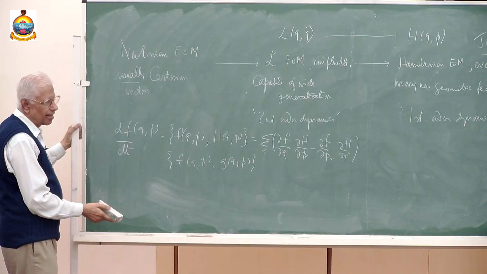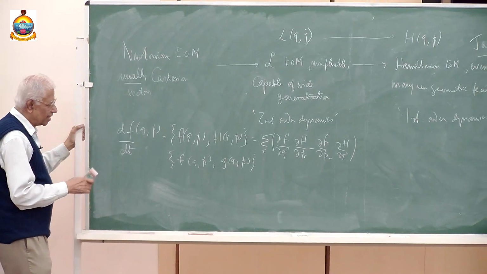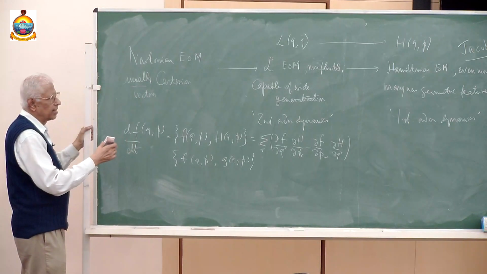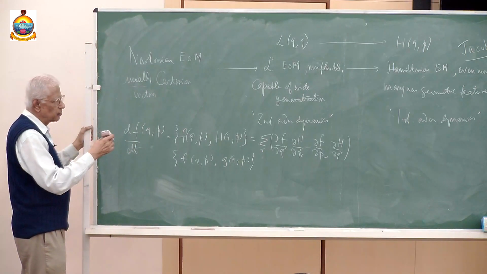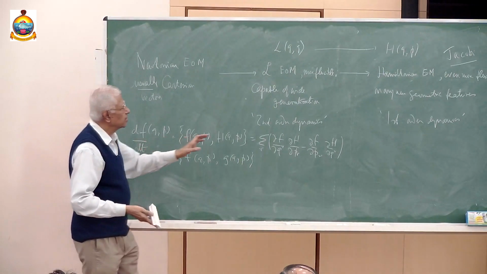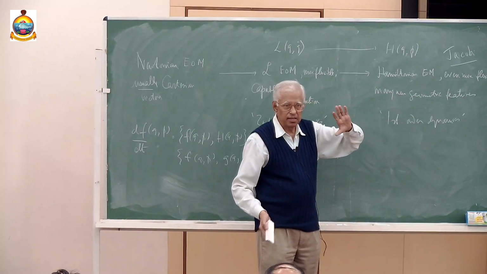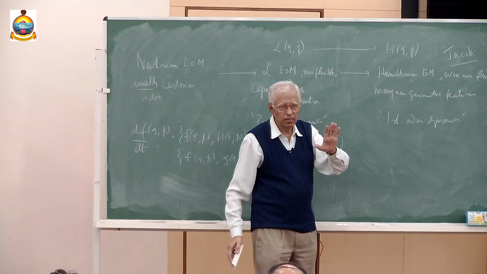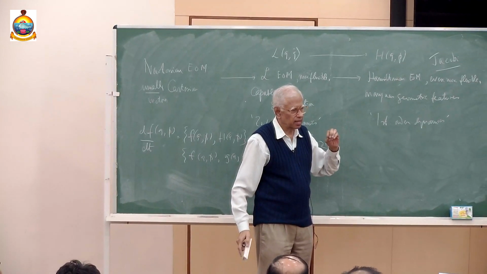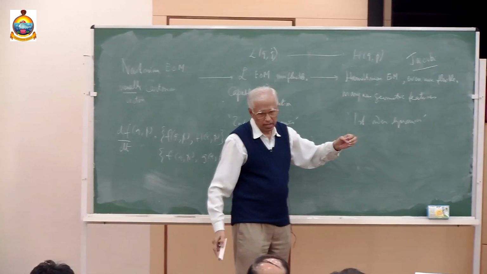You will see in a little while. I can tell you in advance, just to keep your interest up, the Poisson bracket is the starting point for determining what are the transformations in phase space which preserve Hamilton's equations in their form. The answer to that question comes from the Poisson bracket.